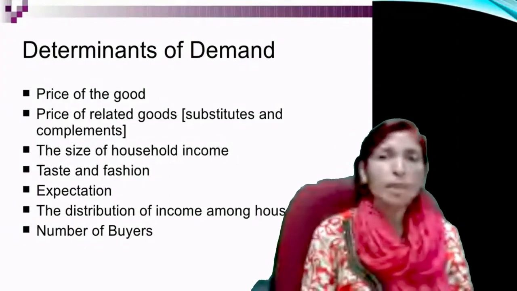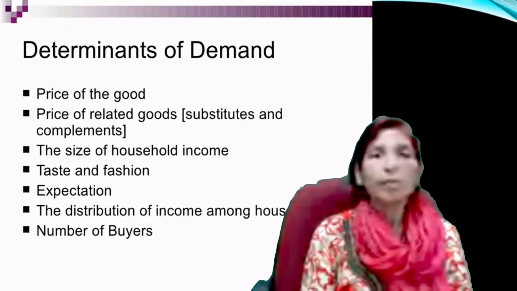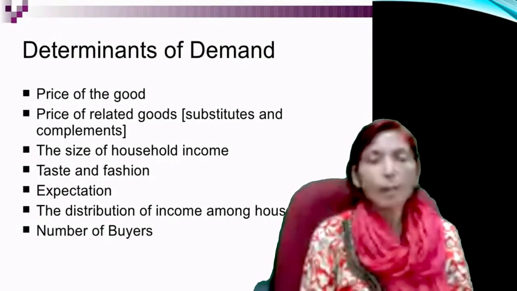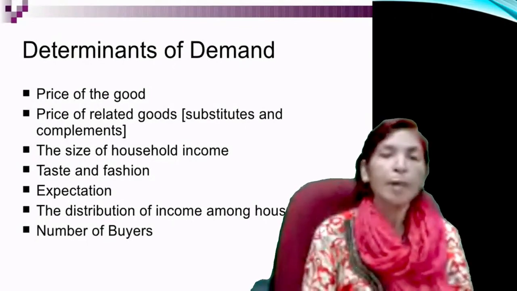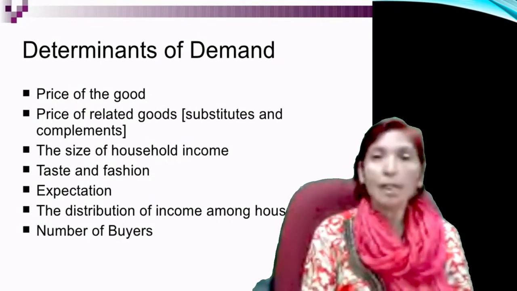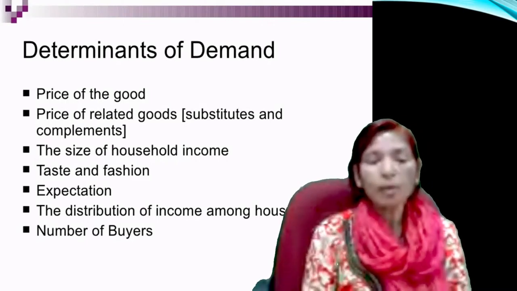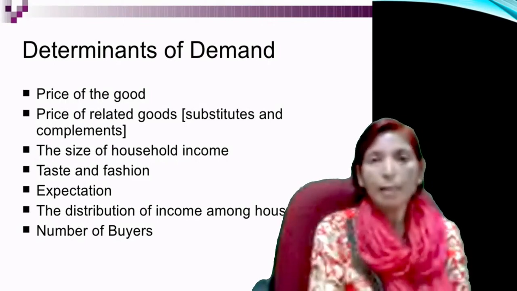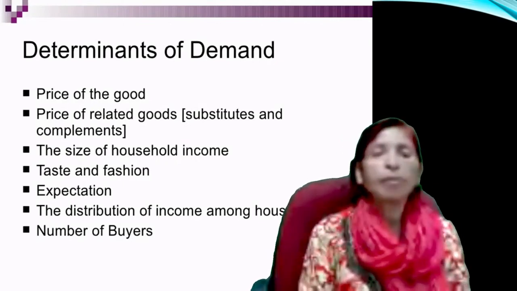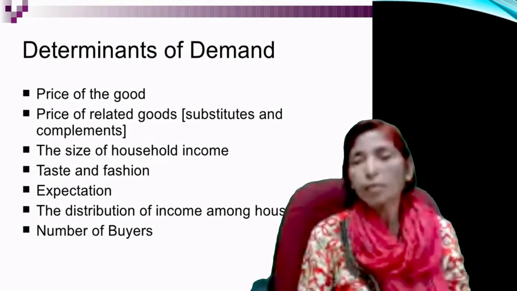Next is distribution of income among households. If income distribution is equal among the country's people, then all people will be in the same category, their purchasing power will rise, and their demand will also rise. But if income distribution is unequal, then society will divide into two categories, a rich category and a poor category. Some people will fall in the rich category and most of the country's people will fall in the poor category.